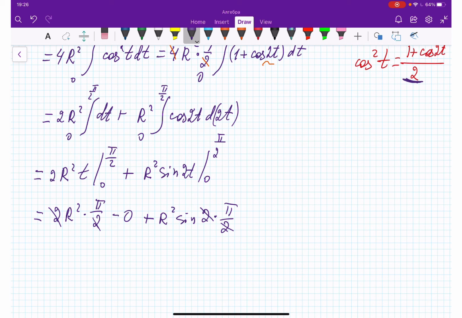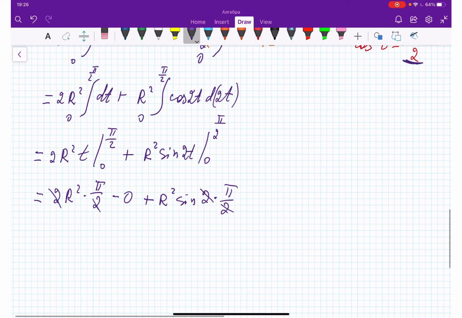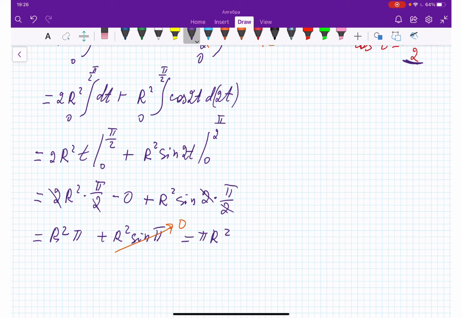And the sine pi is equal 0, correct? Let me rewrite. r squared pi plus r squared sine pi. Sine pi is 0, therefore this entire term is becoming 0, and the answer we are getting is pi r squared.